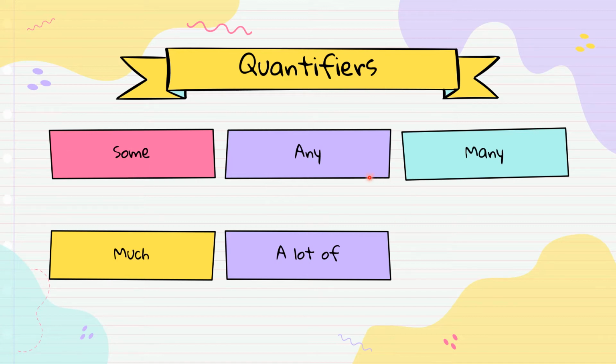Any, mana-mana. Many, banyak. But it is used for countable nouns. Okay, much also means the same, banyak, but it is for uncountable noun. A lot of means banyak. And it can be used for both uncountable and countable. Okay, now we are going to look at the next part.